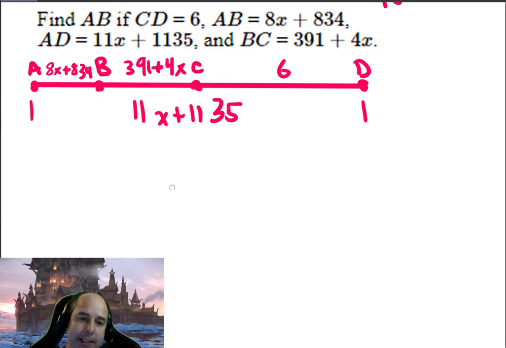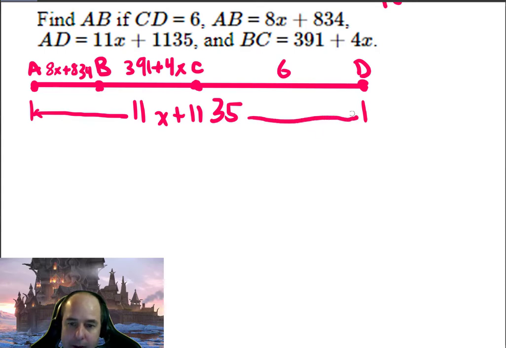So you have to set this up, and the way you set this up is this. You say that obviously the total distance is 11x plus 1135, right?